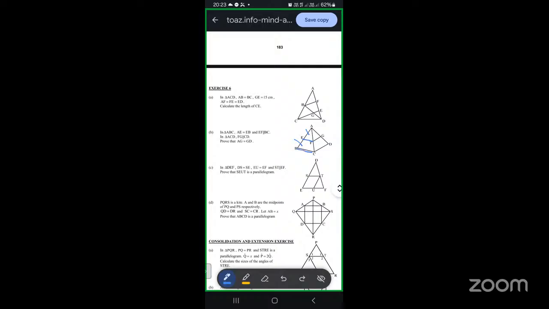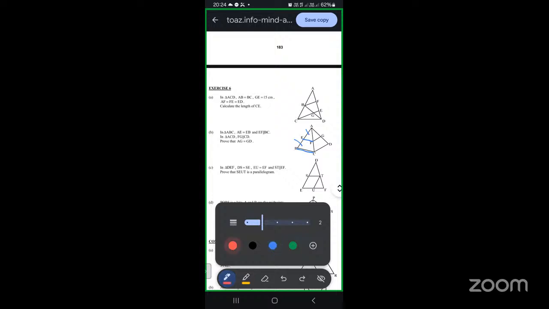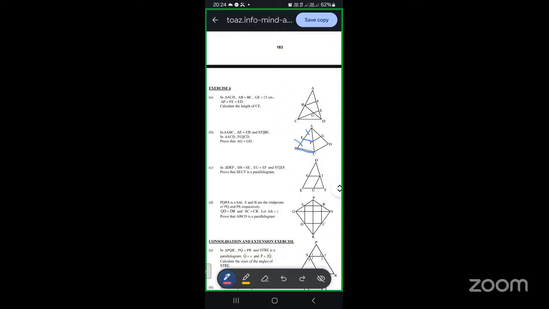The midpoint theorem might apply, I will hear from you. And again, in triangle ACD, we are given that FG is parallel to CD. Now prove that AG is equal to GD. Is there any one of you guys who can share some idea of how we can approach this question?